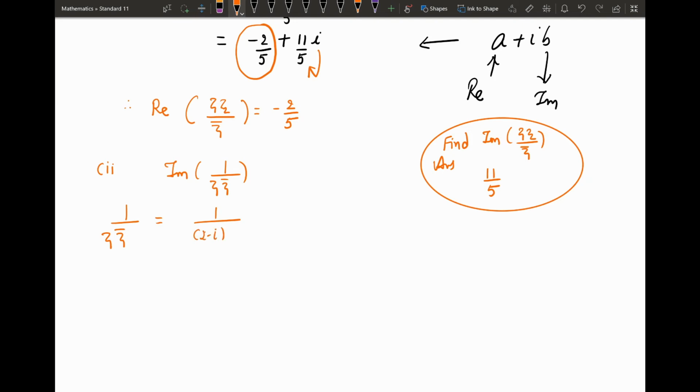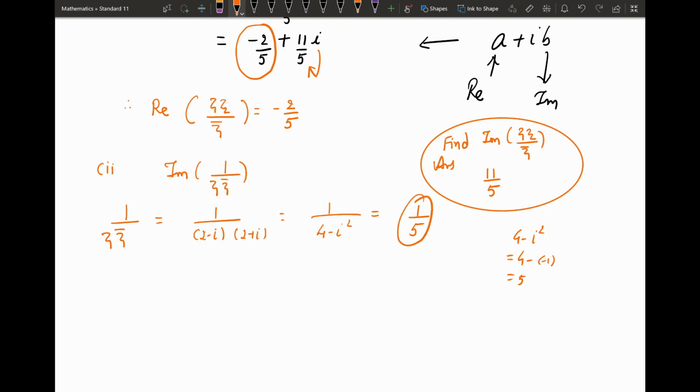so Z1 bar is 2 plus i. So this is 4 minus i square, and i square is minus 1, so minus minus plus, this is 5.